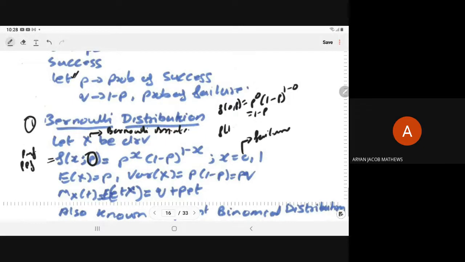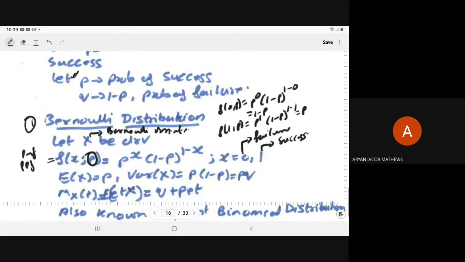When we put x equal to 1, we get p to the power 1 times (1 minus p) to the power 1 minus 1, that is p, the probability of success. It means this represents the success. So success and failure in the Bernoulli distribution can be characterized by the pmf, the probability mass function, given by p^x (1 minus p)^(1 minus x).